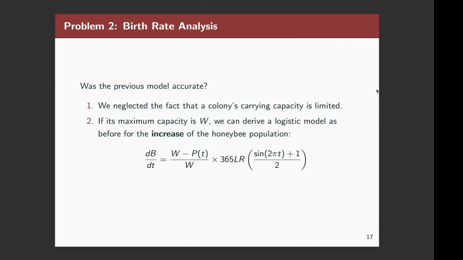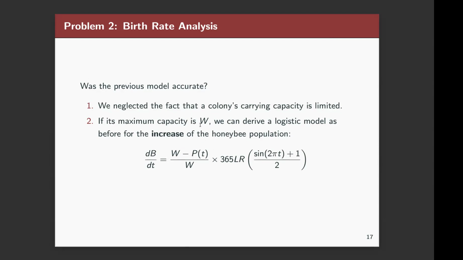So let's say if the maximum capacity is W, we can derive a logistic model as before for the increase of the honeybee population. And that is the importance of the W term, because if you recall what we did before when deriving the logistic model, we considered the maximum capacity as a term in the denominator, which we also called the threshold population when considering humans.